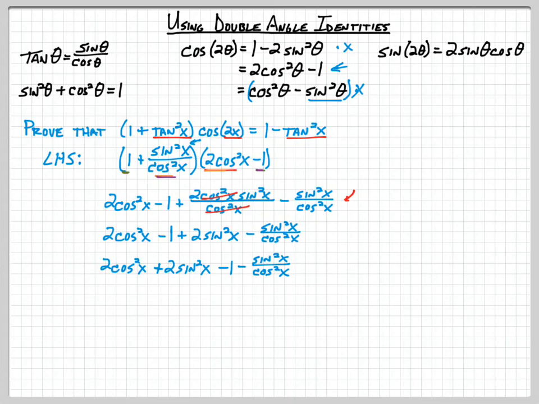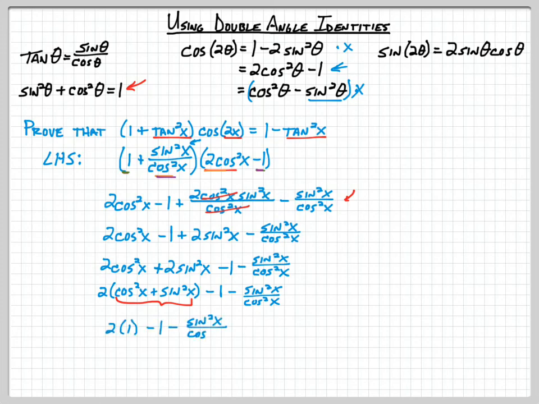So I could factor out a 2 from the cosine squared and the sine squared, and that would leave me with cosine squared x plus sine squared x, and then I'd have minus 1 minus our fraction. And cosine squared x plus sine squared x, well, that whole thing is going to equal 1, right? Just like we had from above. So we've got 2 times 1 minus our fraction.